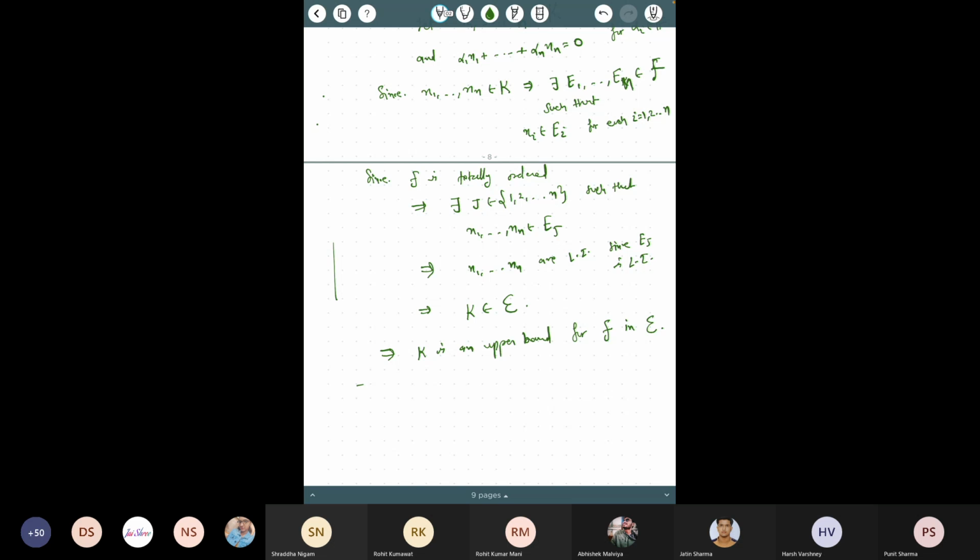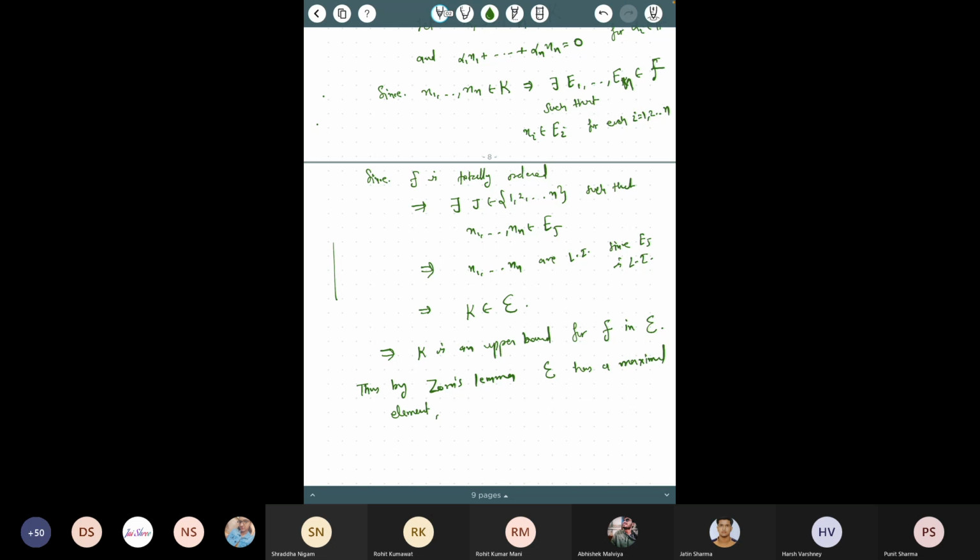Thus, by Zorn's lemma, this set E has a maximal element.